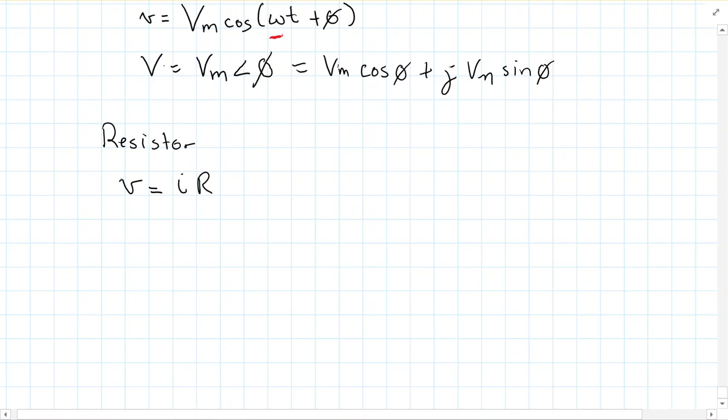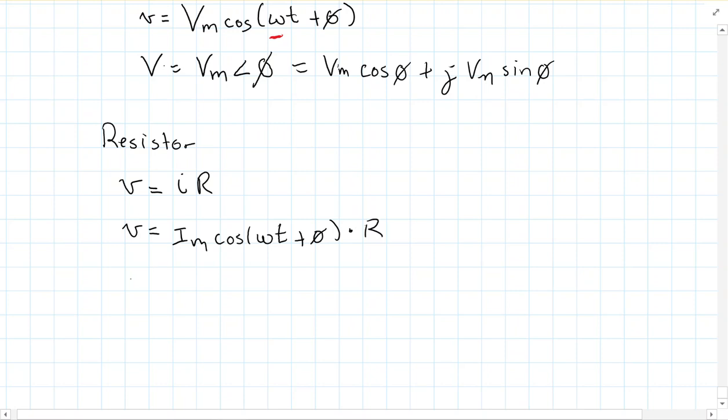And so what we're going to do is we're literally going to do the same thing here, but then we're just going to do phasor transforms. So first off, I'm going to say V is equal to some current, Im cosine omega t plus phi, times my resistor.